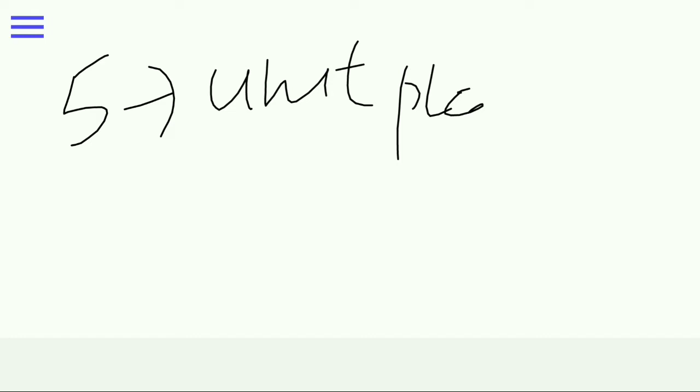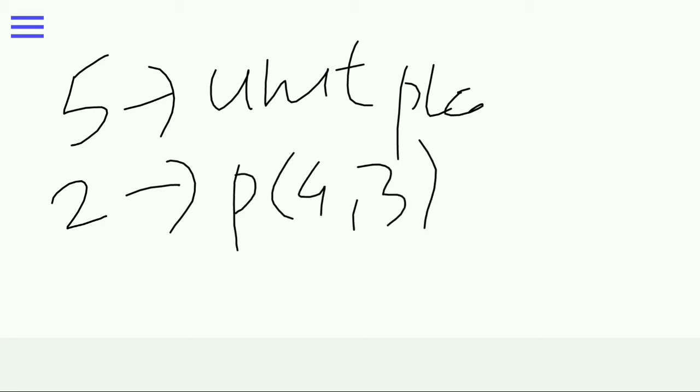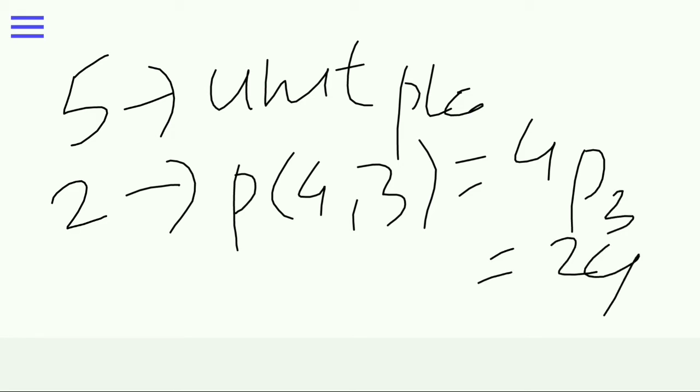So we fix 5 in the unit place and the remaining 3 places can be filled by the remaining 4 digits. So for the second part the answer will be P(4, 3), meaning 4P3. After solving we'll get 24. So the number of 4 digit numbers which are divisible by 5 equals 24.